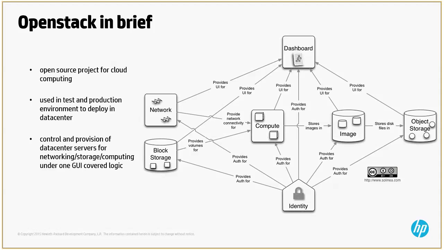Something like the dashboard is one of the projects, a UI for OpenStack, that is Horizon. The other one is network, which is the Neutron project, which takes care of all the networking related stuff in OpenStack. Similarly, compute is one of the projects. Its name is Nova. This Nova takes care of all the VM provisioning and lifecycle management related to virtual servers and virtual machines.